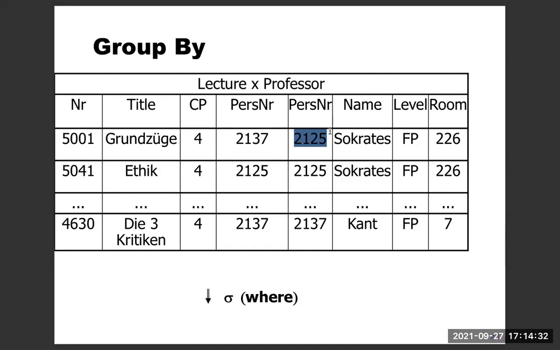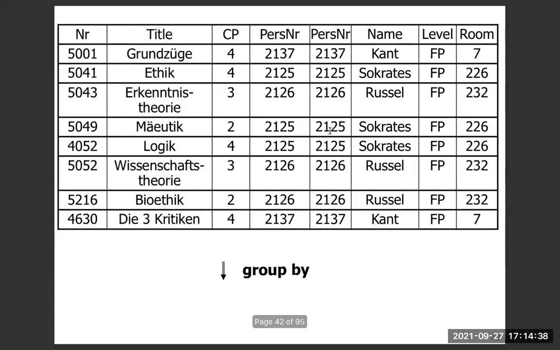Each lecturer with each professor, and then we find combinations with the same values. So for Ethik, we have the same number, so that's Socrates. For Grundzüge, we have the person number for Kant. For Maieutik, we have Socrates one more time, and so on and so on.